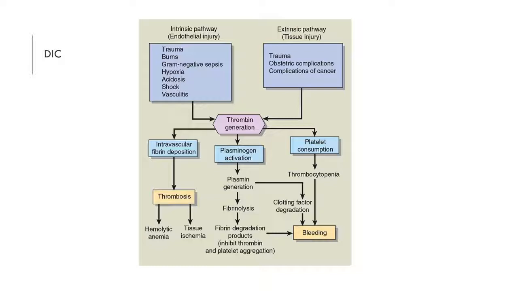It happens everywhere throughout the body. After those microemboli are developed, plasmin gets activated, and it results in clotting factor degradation, and that leads to bleeding. So we've got this combination of stuff going on. We've got clotting happening at the same time as we have bleeding happening, because all of this is going on all at the same time.